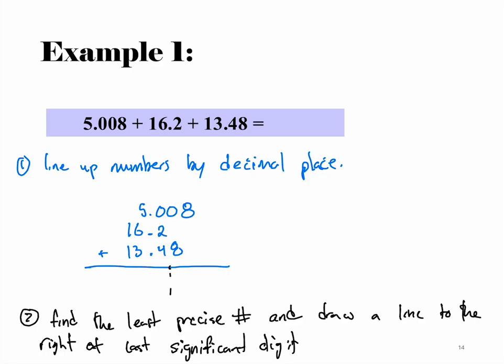So we go dash line up like that, and then we're going to have the decimal place in the same spot. I'm going to plug everything into the calculator. And we get 34.688.